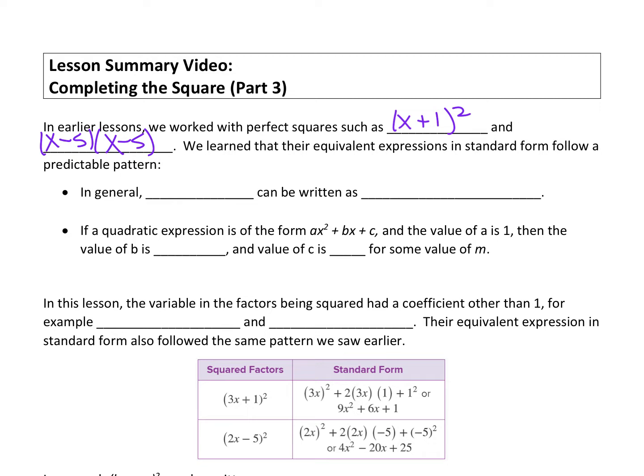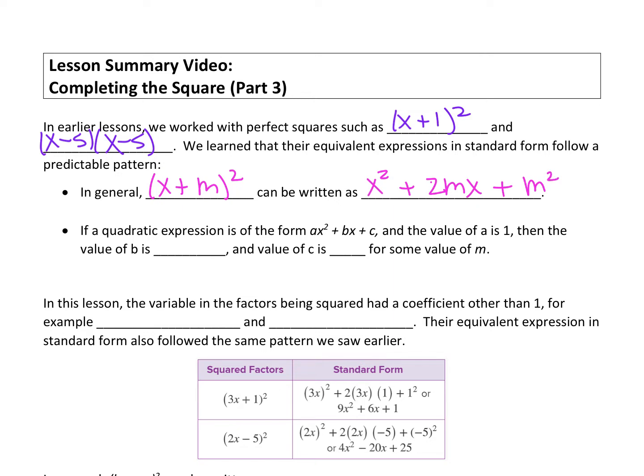So in general, (x plus m) squared can be written as x squared plus 2 times m times x plus m squared.